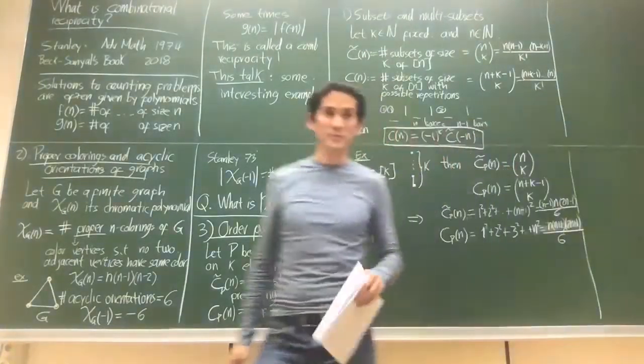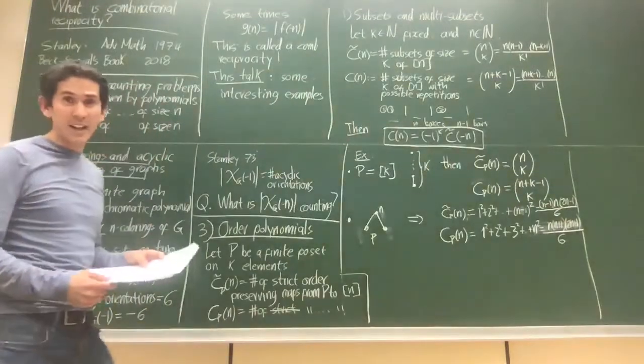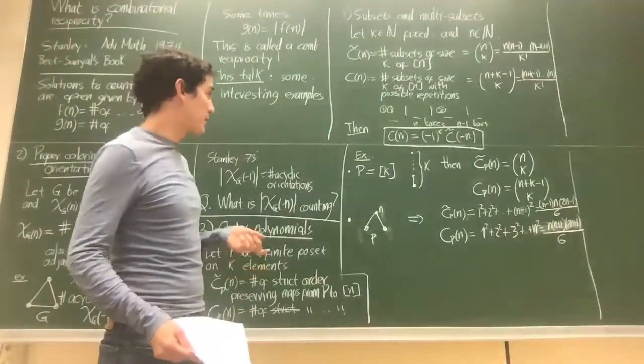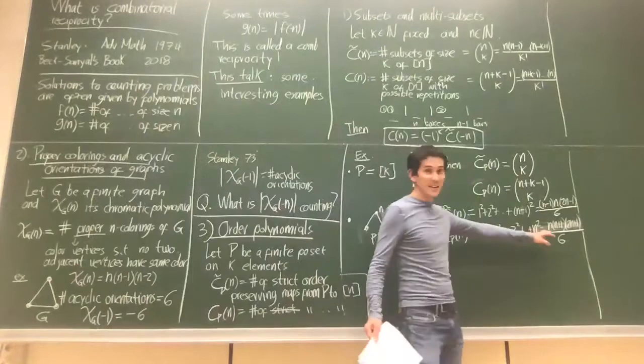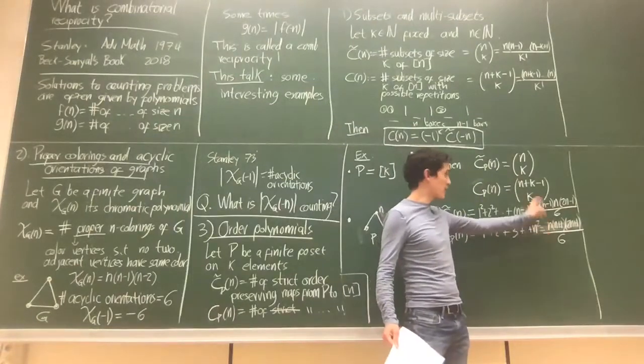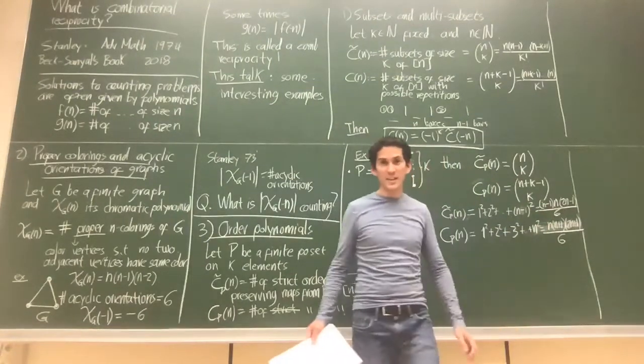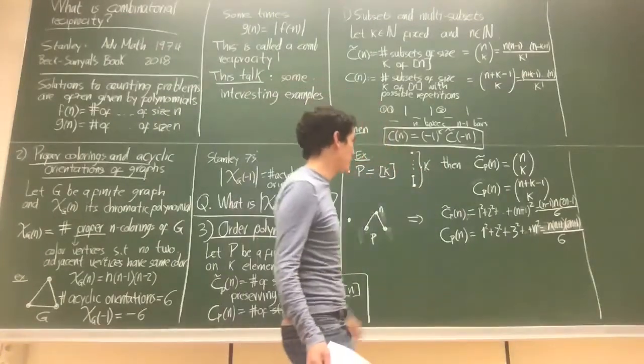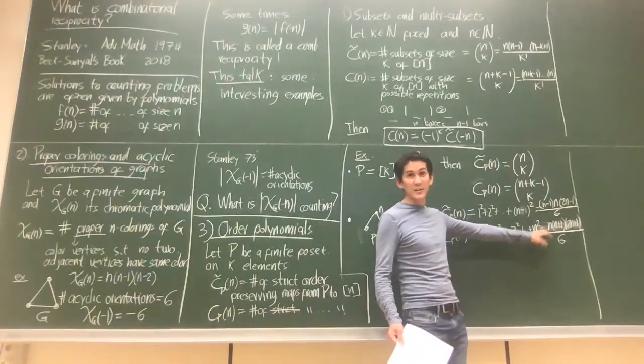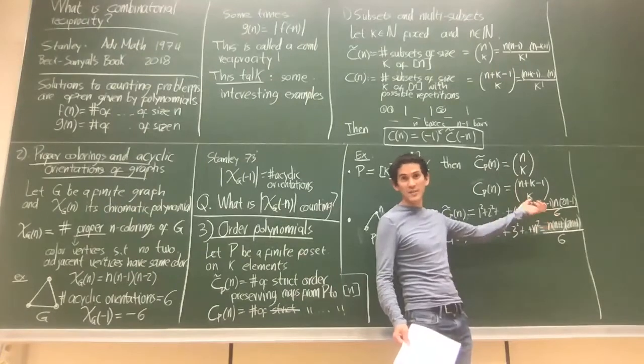Okay. And magically, if you replace n by n minus 1 in one of these two equations, so let's say in the second one, you get exactly the first with a minus sign.